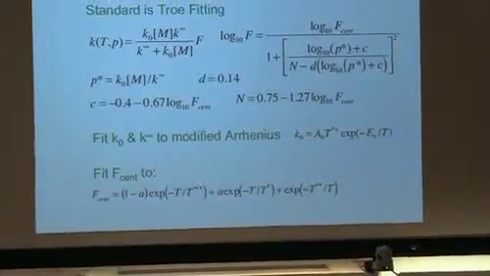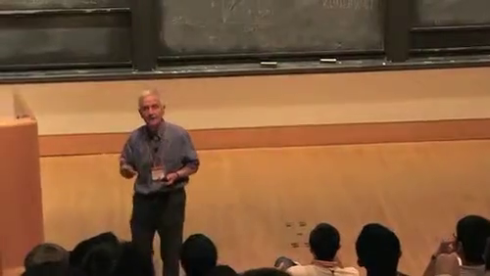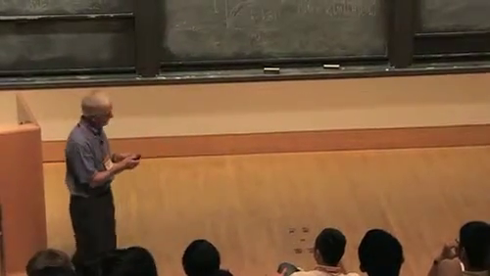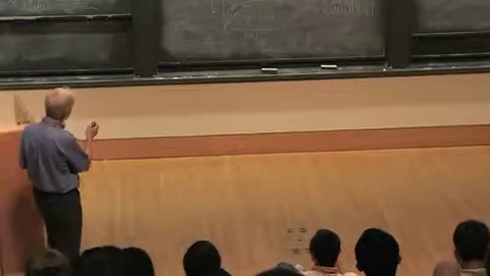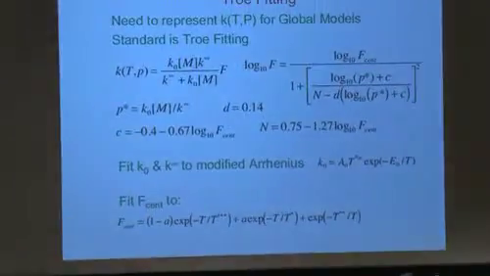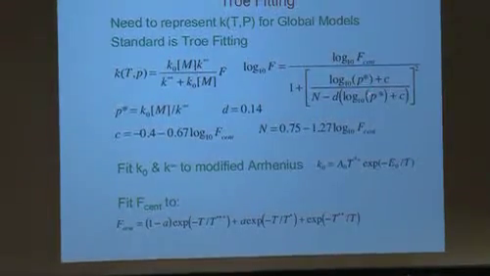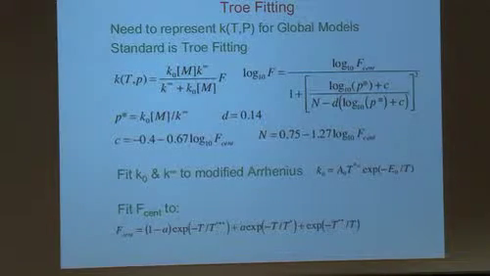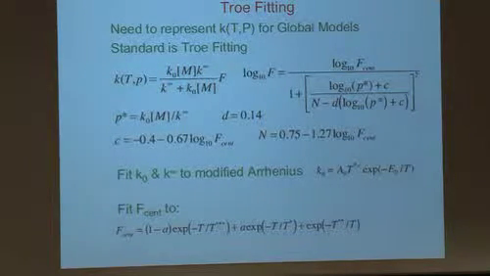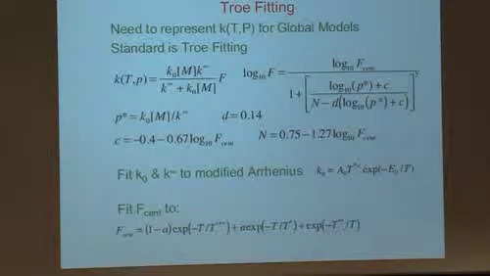And any of you who use chemical mechanisms will have come across these ideas in Chemkin. So Chemkin incorporates the Troe methodology. And what it does is it takes that simple expression that we had and multiplies it by a parameter F, which depends upon pressure, and a string of constants, and this parameter F cent. F cent is the value of F in the center of the fall-off curve.